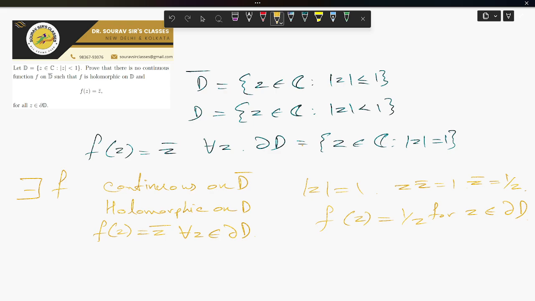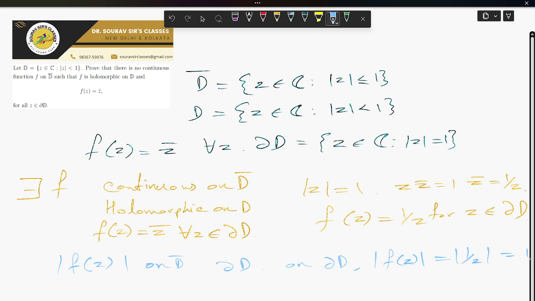Now we are going to apply the maximum modulus principle. The function f is holomorphic on D and continuous on D bar, so by the maximum modulus principle, the maximum of mod of f z on D bar must occur on the boundary del D. On del D, our mod of f z equals mod of 1 by z, which is equal to 1.